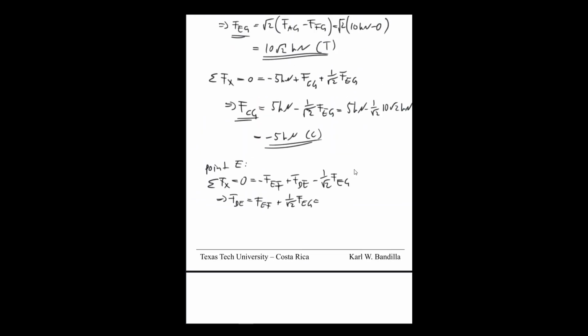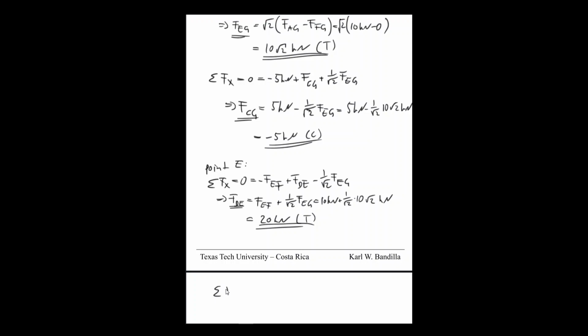FEF, 10 kilonewton. 10 kilonewton plus 1 over the square root of 2 of FEG. We have that still on the page here. 10 times square root of 2 kilonewton. That means 10 plus 10 is 20. And that will be tension. FDE.